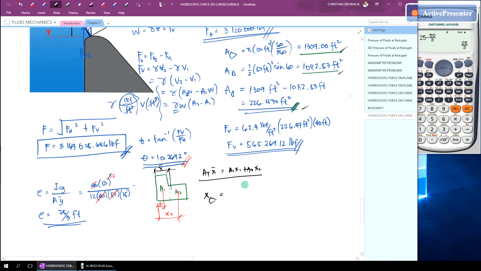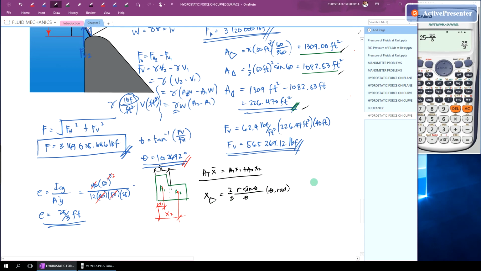So that is equal to 2/3 of r sine theta over theta. The angle theta should be in radians, because the answer we're looking for here is a distance, so it cannot be in degrees.